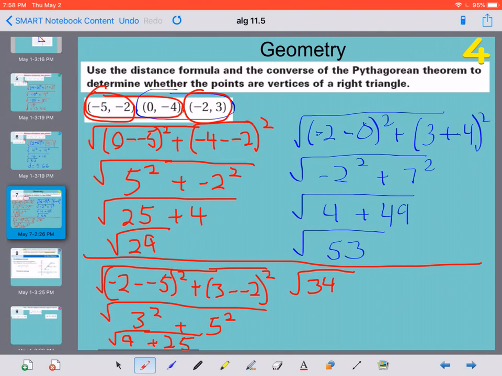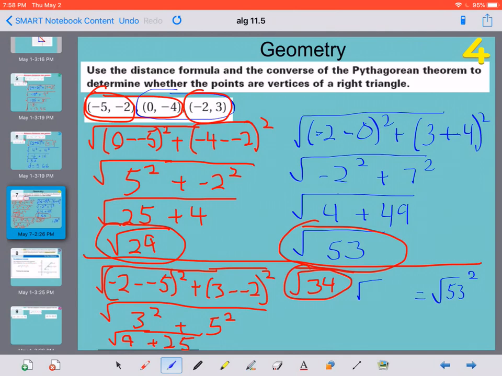So now my three distances are the square root of 29, the square root of 53, and the square root of 34. My highest number is 53, so I'm going to make the square root of 53 my c. Now I'm going to add these together to see if they are a right triangle.